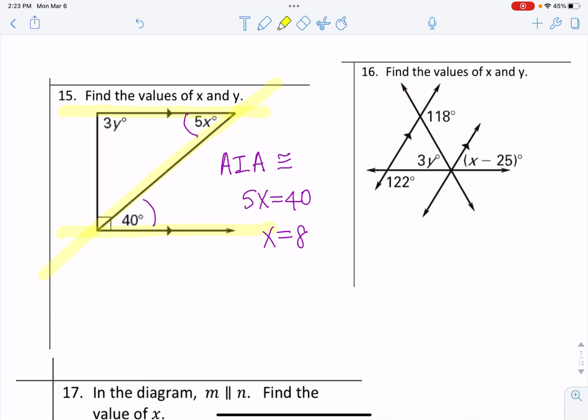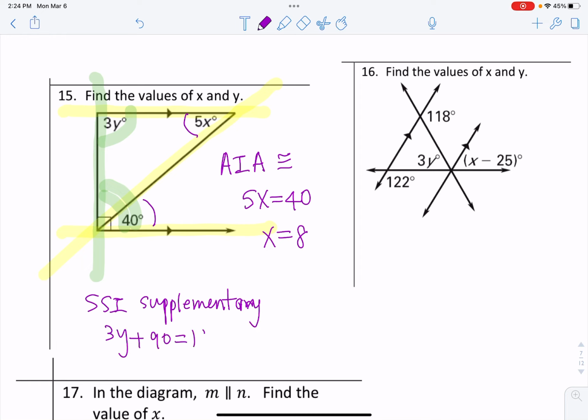And if you're thinking this line is a transversal, then that angle and that angle are same side interior angles, so they are supplementary. So 3y plus 90 degrees equals 180, then 3y will be 90 degrees, so y equals 30.